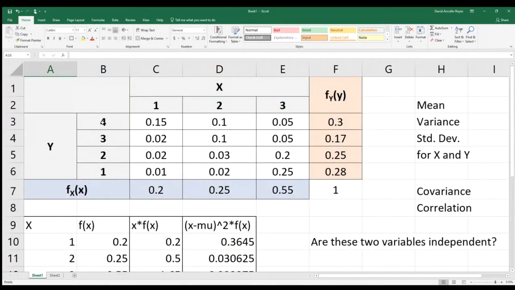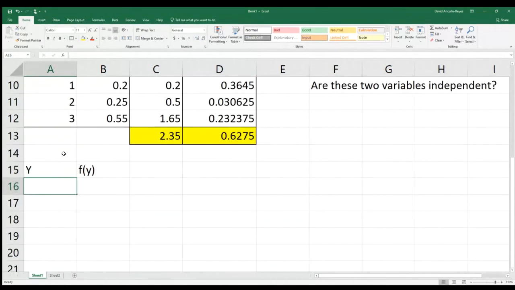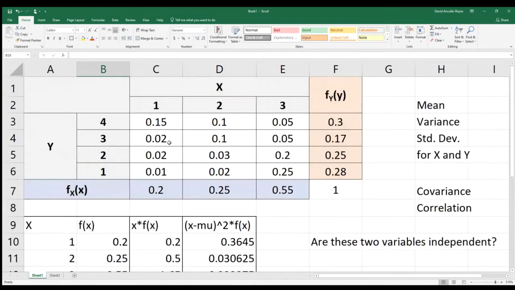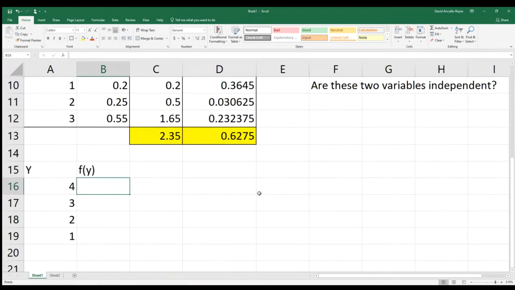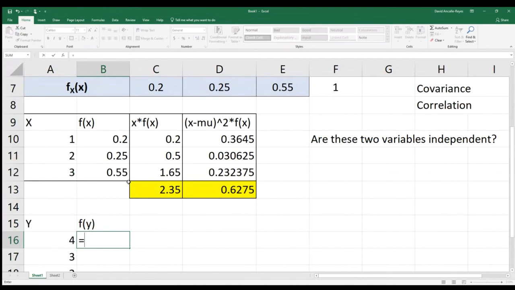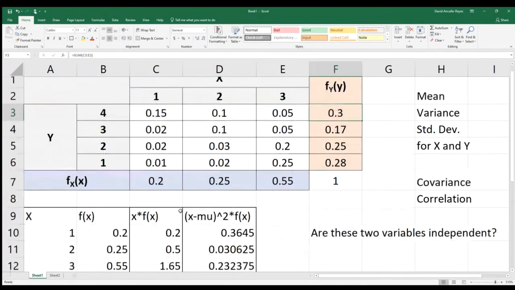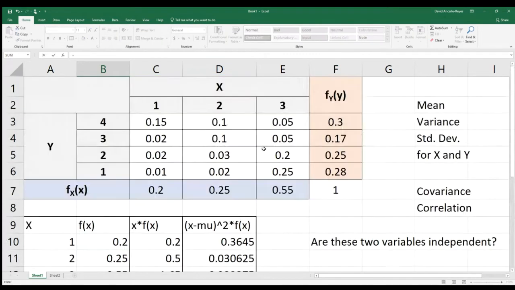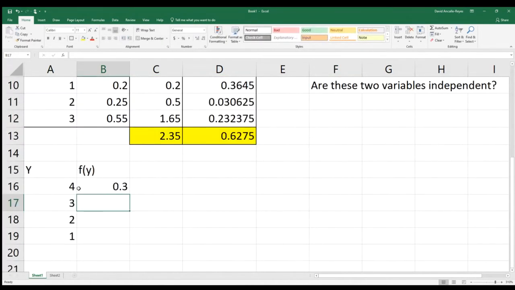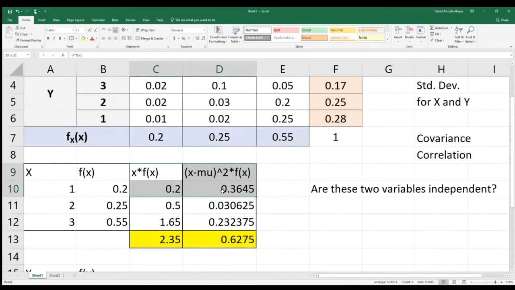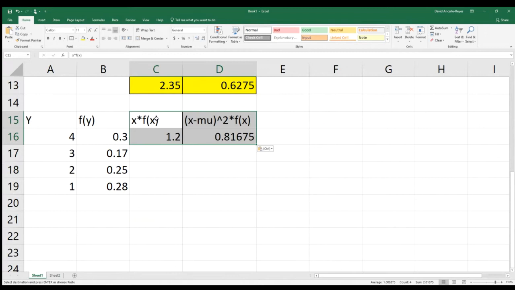In this case, y goes 4, 3, 2, 1, and my marginal probability is 0.3, 0.17, 0.25, 0.28. Now I just have to repeat the same procedure for my mean and variance, replacing this with y times the marginal probability of y.